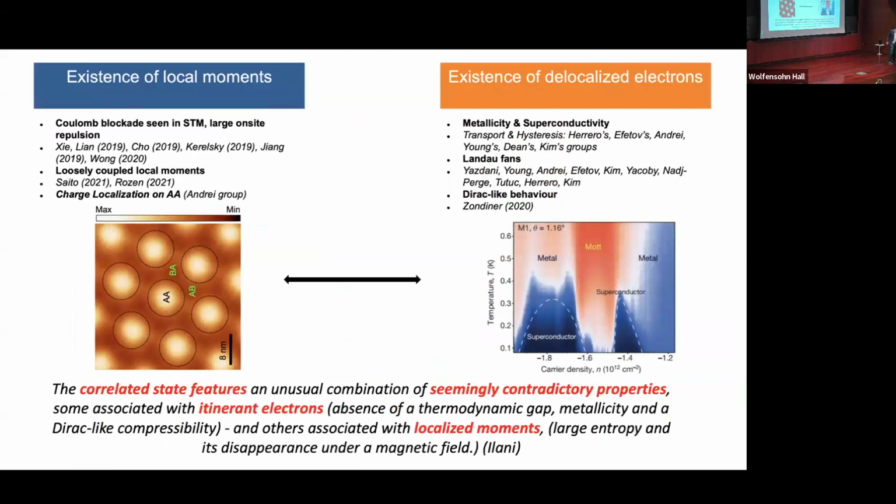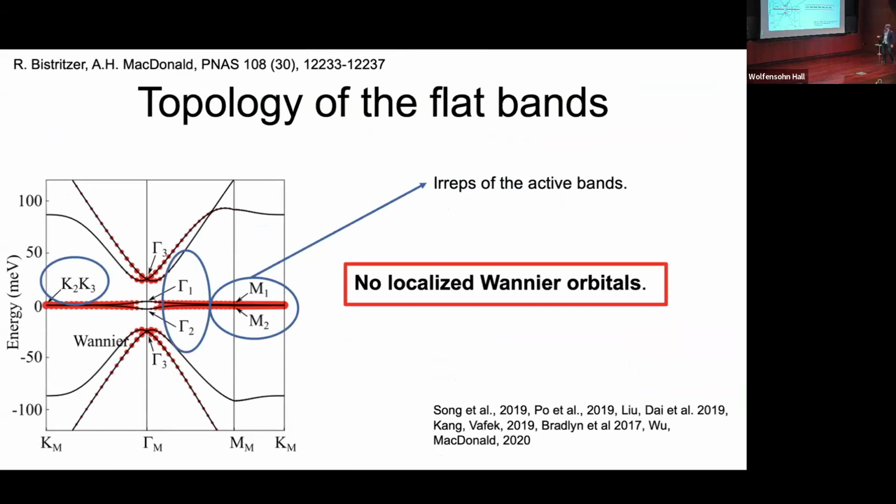The second piece of information is that if you look very close to the flat bands, i.e. within an energy range that can be accessed by the Coulomb interaction, the Coulomb interaction, at least if we follow the STM experiments, is of this order of the gap between the flat bands and the conduction bands.